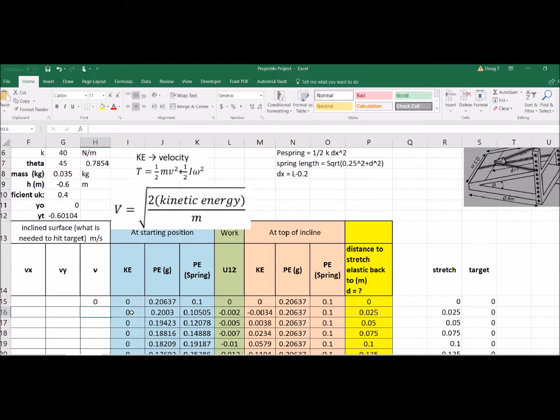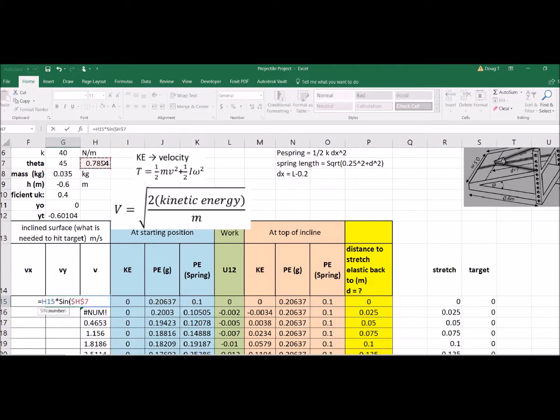Okay, so there's our velocity, and we can go ahead and split that velocity up into x and y components. It's negative here, so the top is going to be doing some funny things because we don't actually have a good velocity here yet, but we'll just ignore that for now. Okay, so the y component of the velocity, that's going to be equal to the overall velocity times sine of that angle.